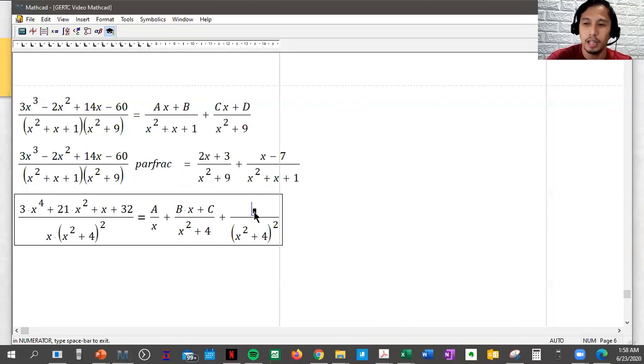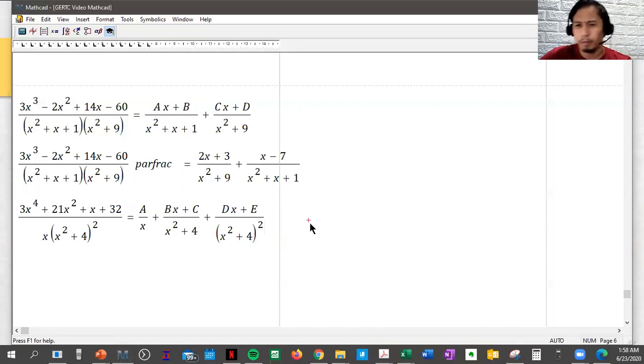And dito linear pa rin, dx plus e. So I want you to try it. Do the same, multiply that, then gawin nyo yung ginawa natin. Equating the same terms: x squared to x squared, quadratic, linear, cubic to cubic. Pwede mo makuha yung a dyan by making x equal to 0 after you have multiplied both sides by this.